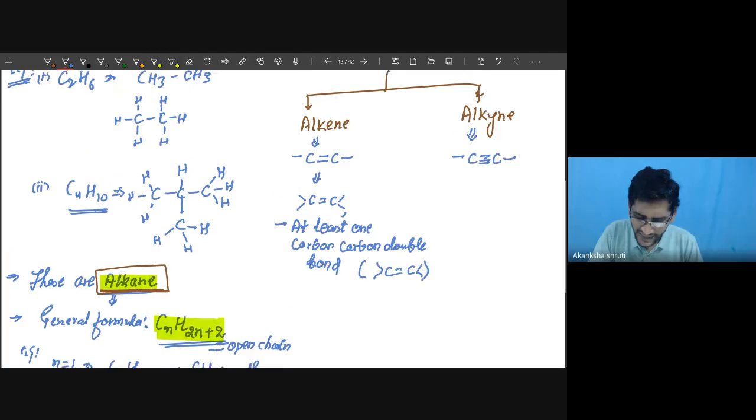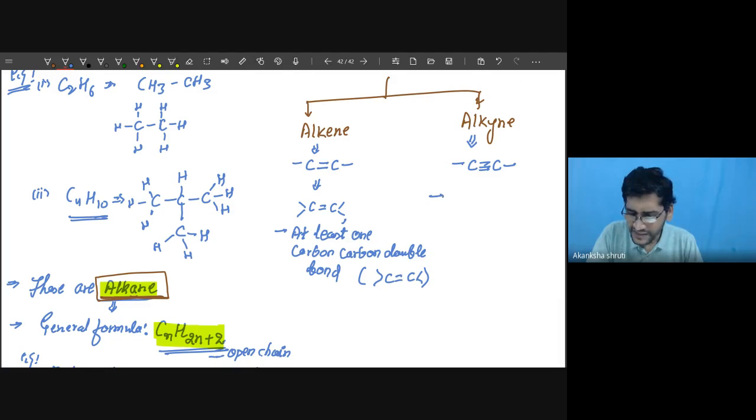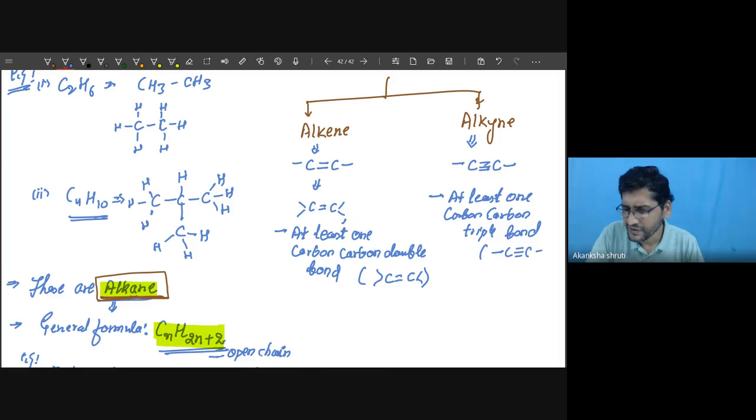Considering alkyne, it must contain at least one carbon-carbon triple bond. It is read as carbon triple bond carbon. In symbol form, this may be written as carbon, drawing the triple bond with the other carbon.